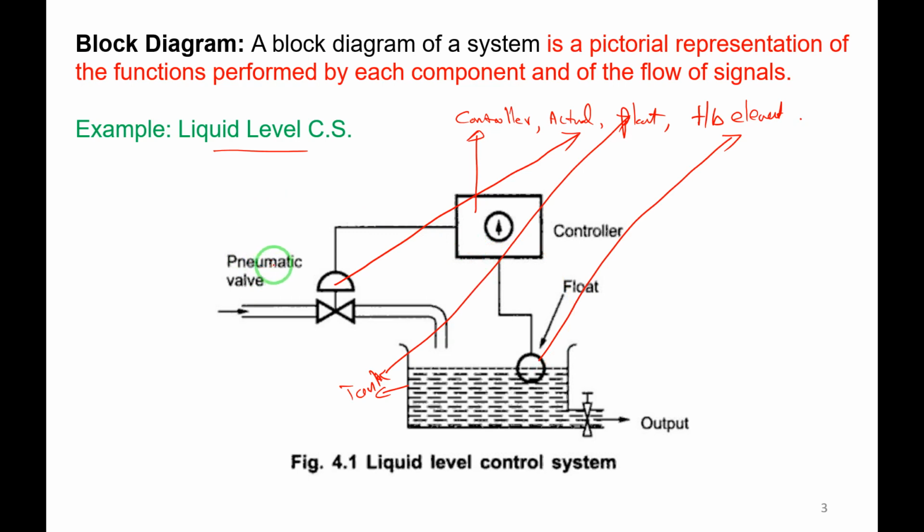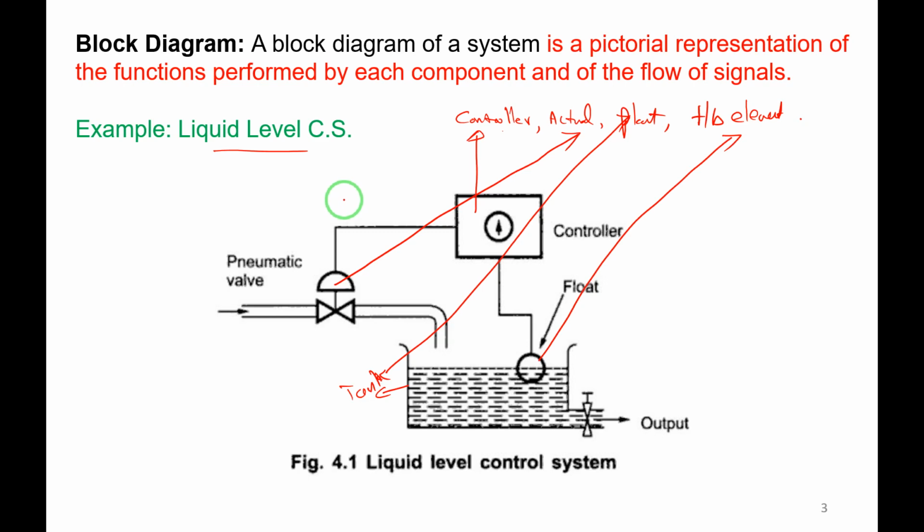We will try to draw the block diagram of the liquid level control system. We have identified which is the controller, which is the actuator, which is the plant and the feedback element. I hope this example is clear to you, right? We have defined the block diagram as a pictorial representation of the functions performed by each of the components and of the flow of signals.